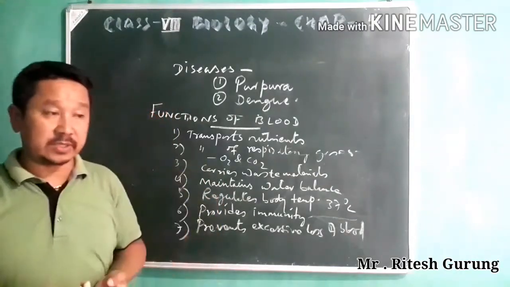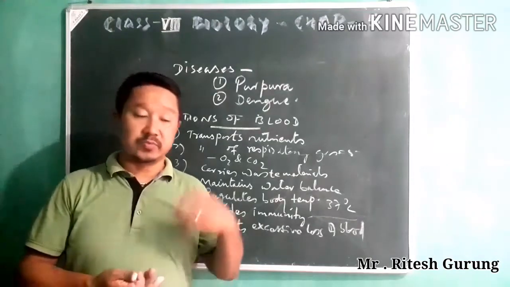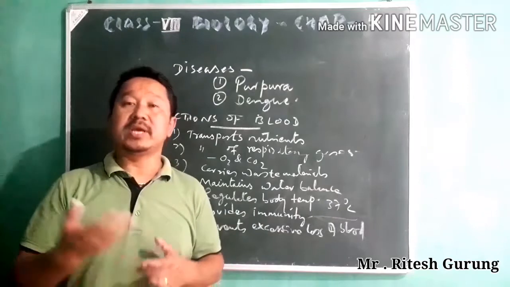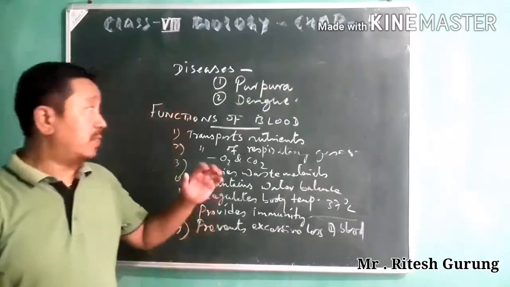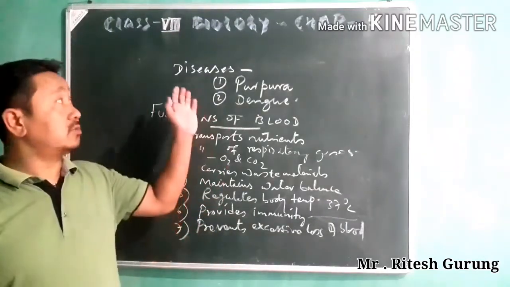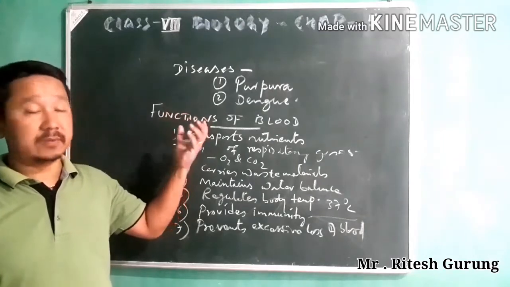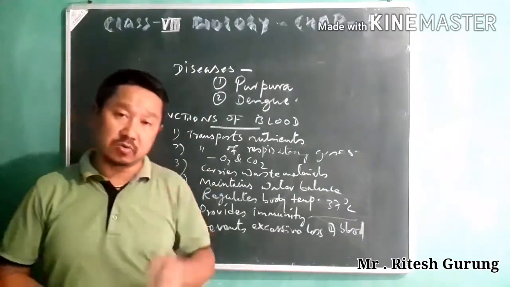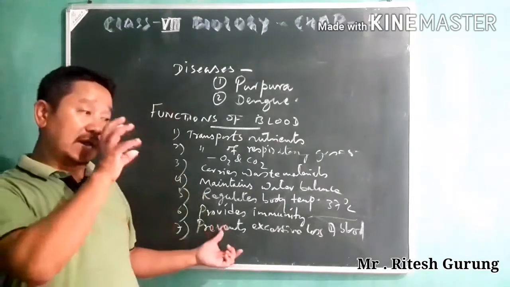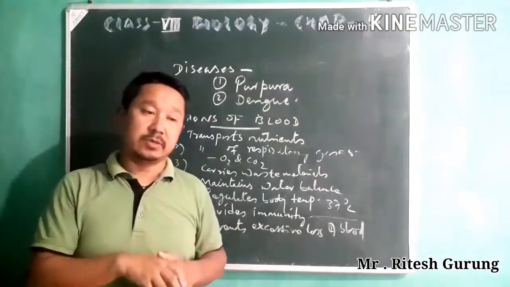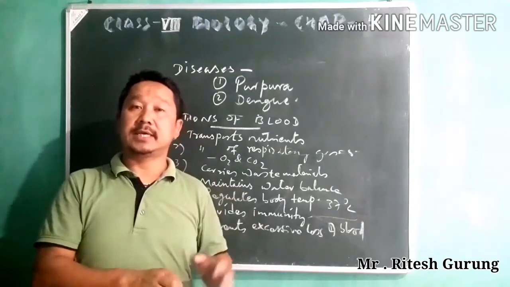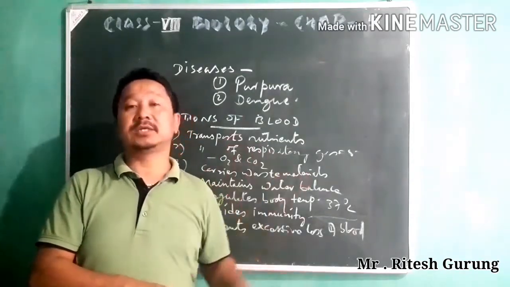That time some parts may be injured. So from the injured region the blood may be going out, but by way of the mechanism of blood clotting or blood coagulation, which we just now discussed, the clot is formed in that region, so the blood gets blocked there.